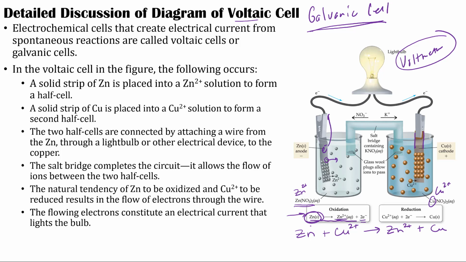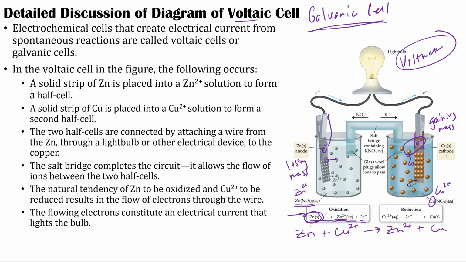So those electrons get ejected and travel up this wire. Now they're starting to come down on the other side. And so the electrons then come down here and they attach to a copper ion, and then the copper deposits on top of that electrode. And so over here we'll be gaining mass, while over here we're losing mass.